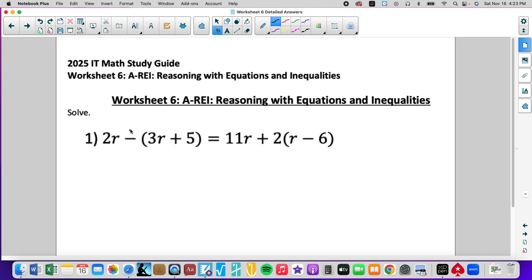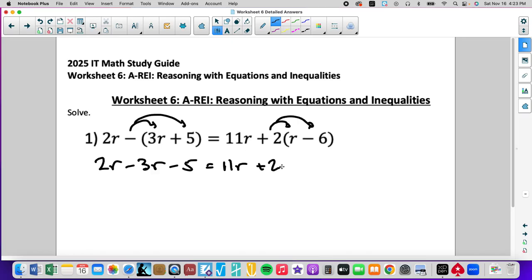So this is a tricky one because you have to distribute the negative. So that's 2r minus 3r minus 5 equals 11r. We'll distribute this 2 in there, plus 2r minus 12. Let's simplify each side first before we start moving variables. And always move your variables first.